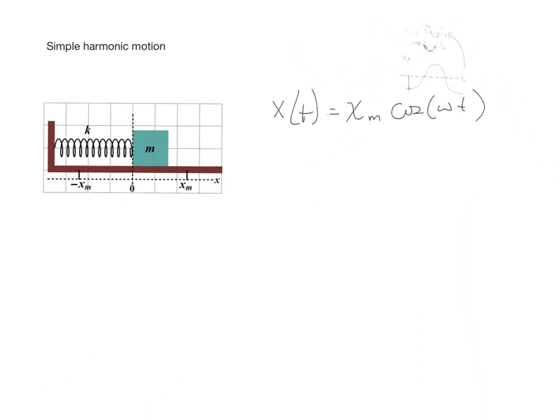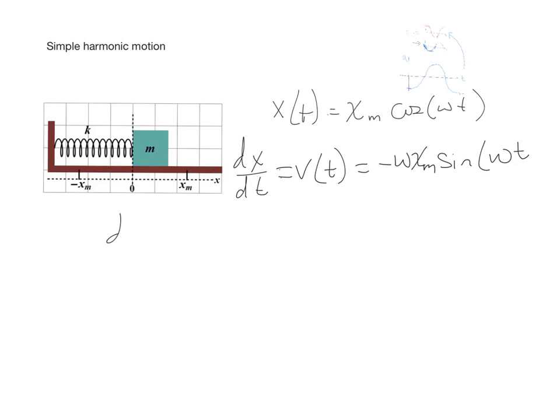And we can get that from the derivative. Since dx/dt gives us the velocity, our velocity as a function of time is the negative sine of omega t. The xm stays there, but the derivative of omega t gives you omega.